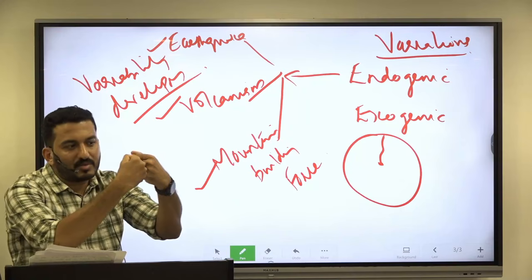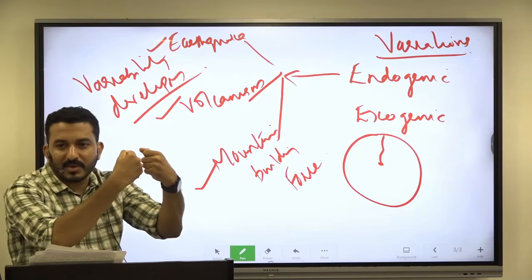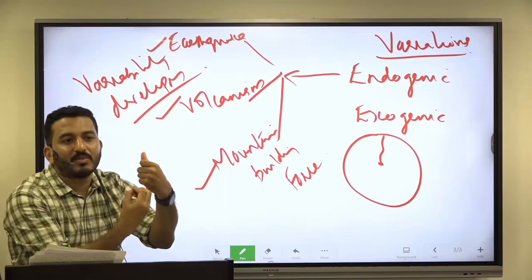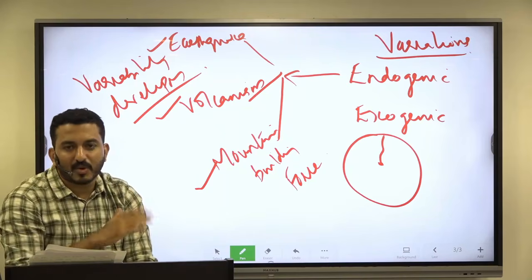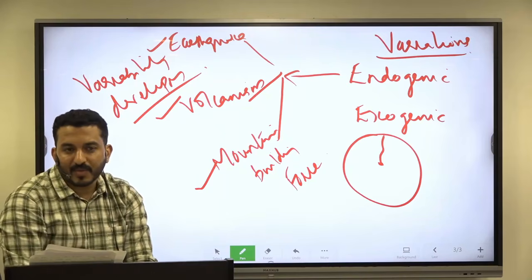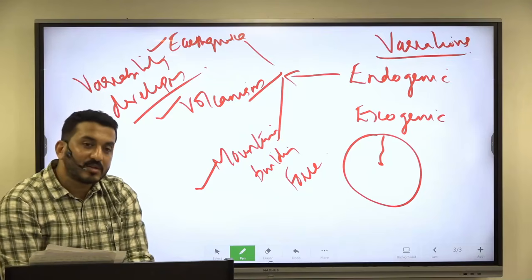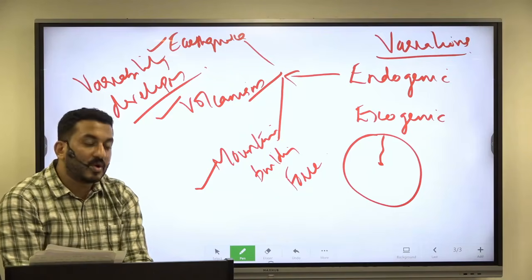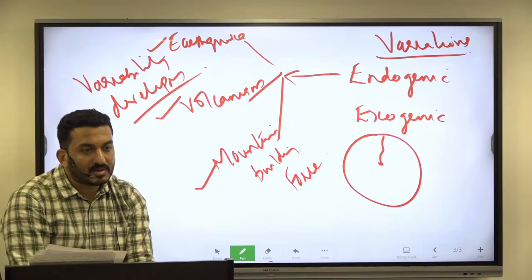Due to this process which happens within the earth's interior, you have some accumulated energy, and this accumulated energy is getting released. So the process is different. Volcanism is the process in which molten rock material, magma, is being ejected.